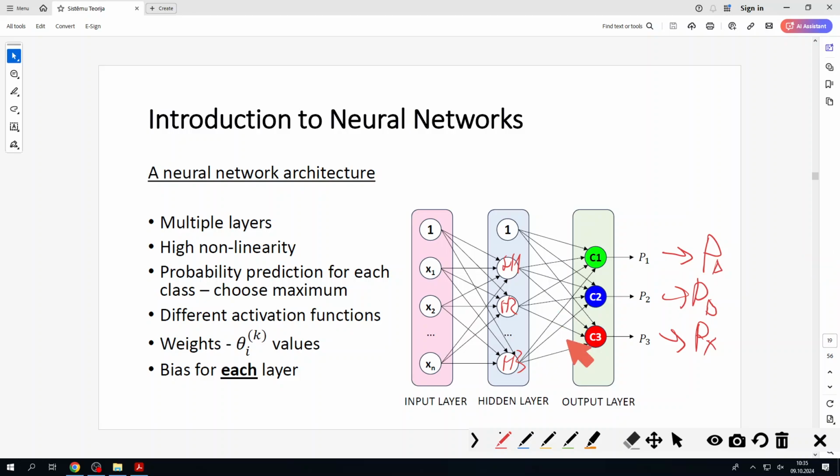Because of these extra connections, we achieve high non-linearity. So even if a separate neuron function does not have any squares or third degrees, it's just a linear regression with sigmoid activation function for each neuron itself, then the combination of these different neurons is going to produce a non-linear result, especially because we use an activation function after each of these neurons.